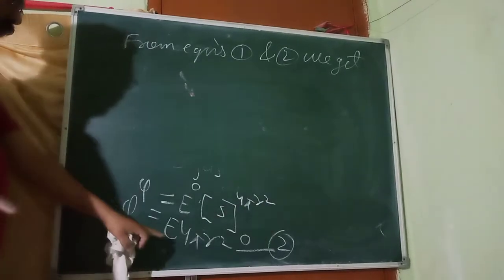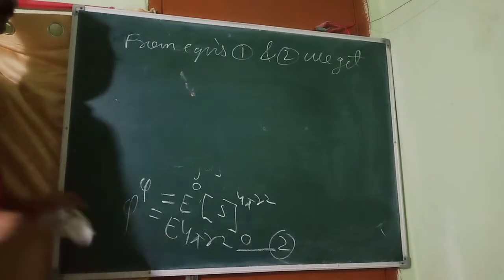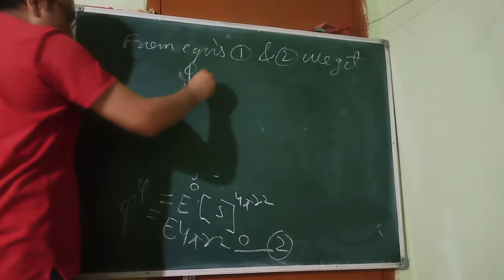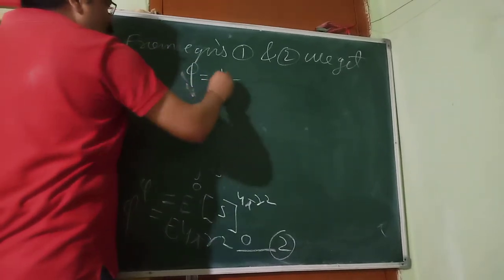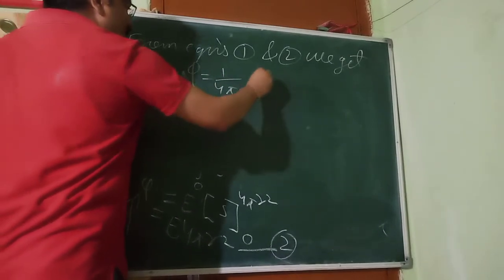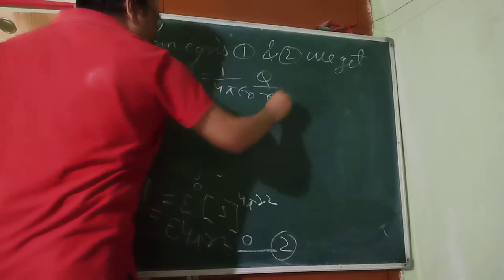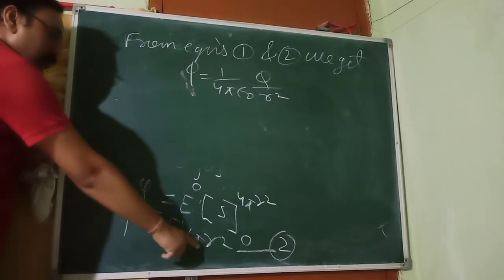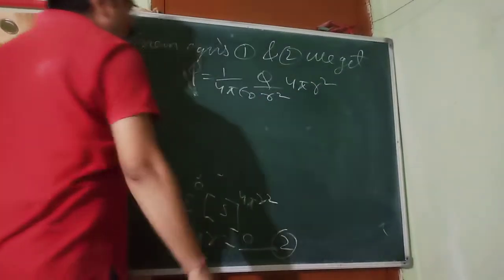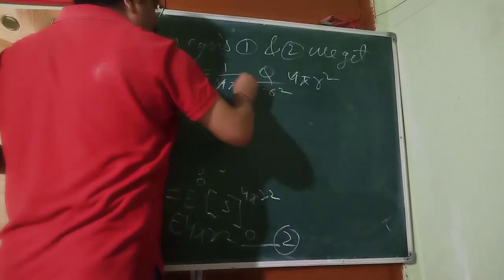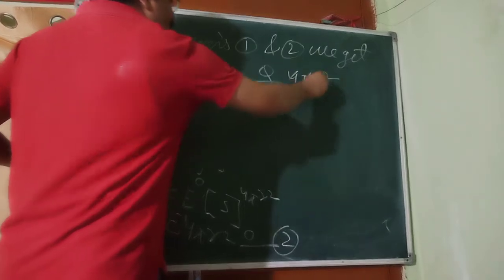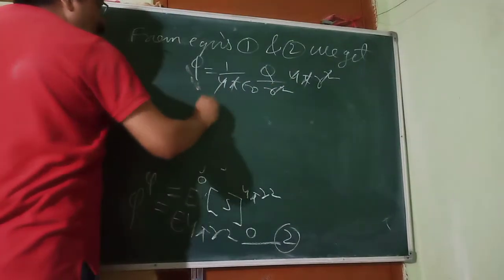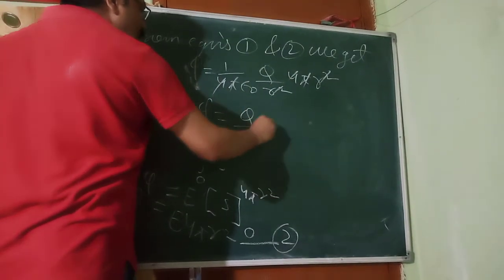Equation 1 was the value of E, so we can place the value of E over here. So what are we going to get? Phi is equal to, the value of E was 1 by 4 pi epsilon naught q upon r square. That was E. And here what we have got? 4 pi r square. Now what you can see here, 4 cancels out, pi cancels out, this r square also cancels out. What you get? Phi is equal to q by epsilon naught.